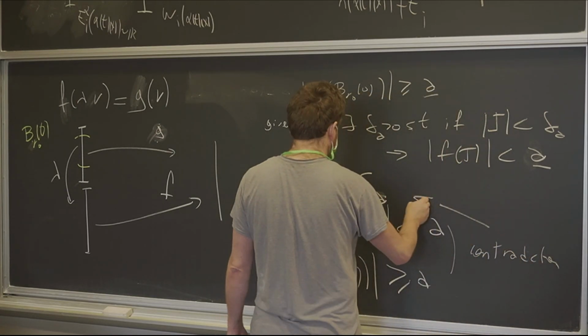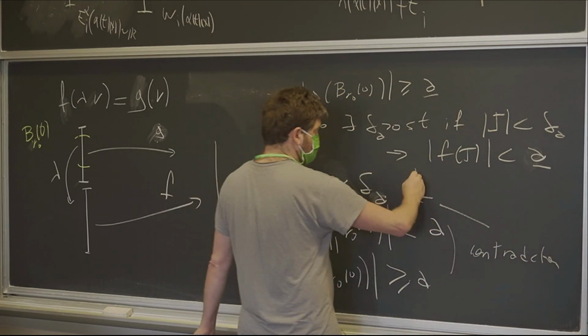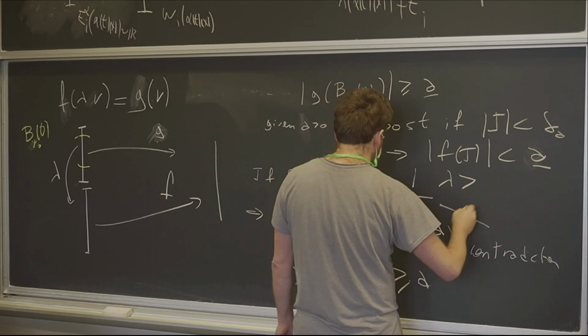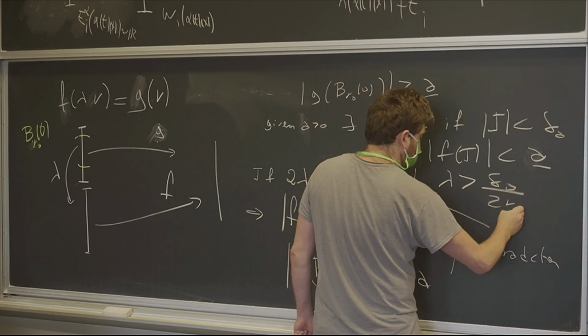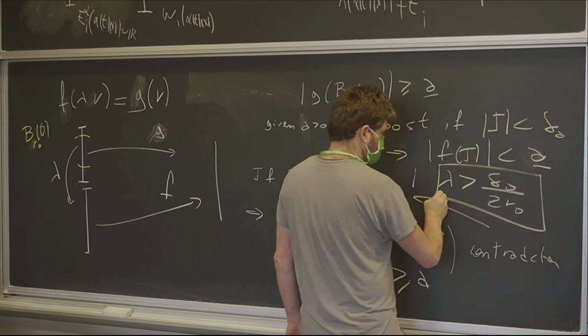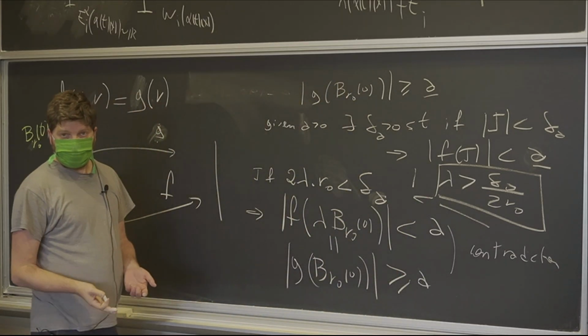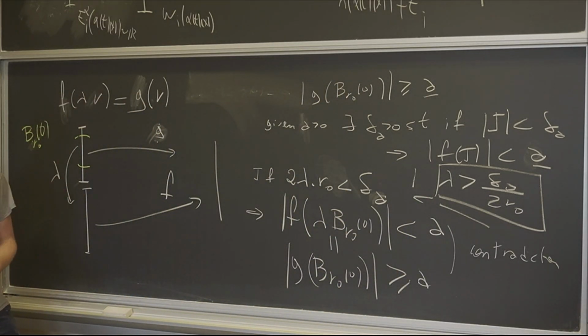So this implies that lambda is larger than delta_A over 2 R_0. And there is a lower bound for lambda. So lambda cannot be too small.